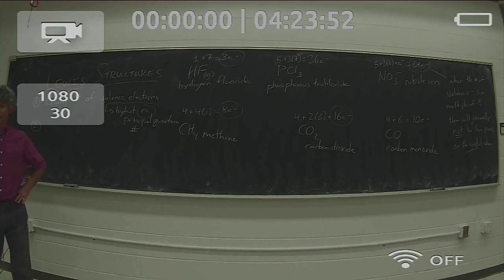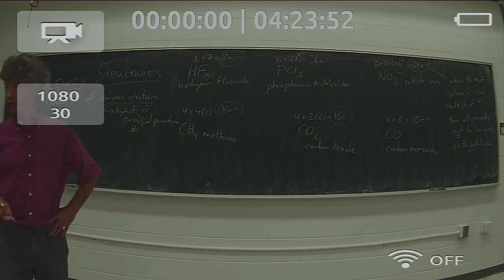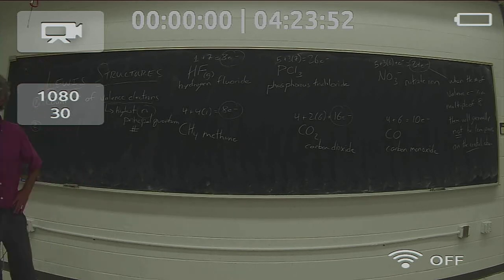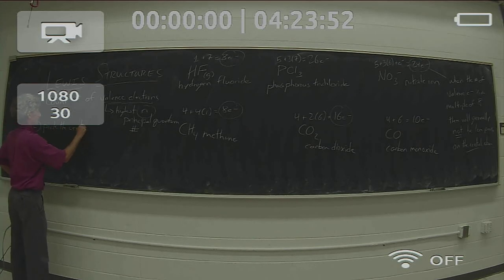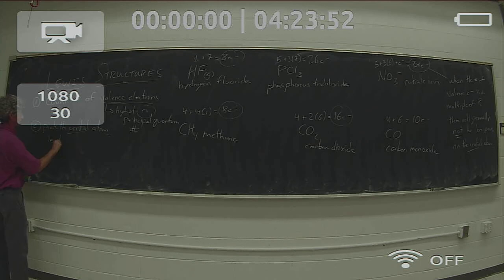The second step is to choose the central atom. Right? We need to pick a central atom. We need to know what the central atom is: the least electronegative atom.